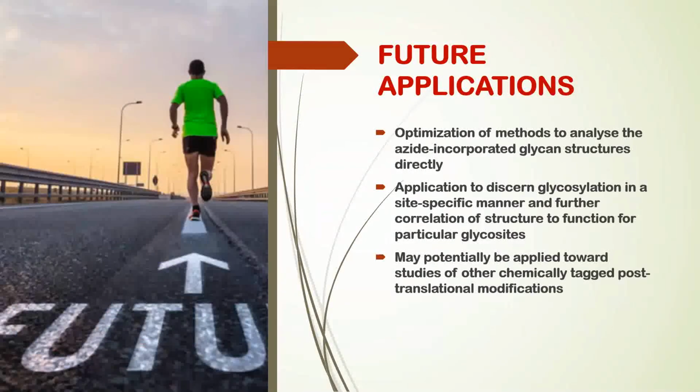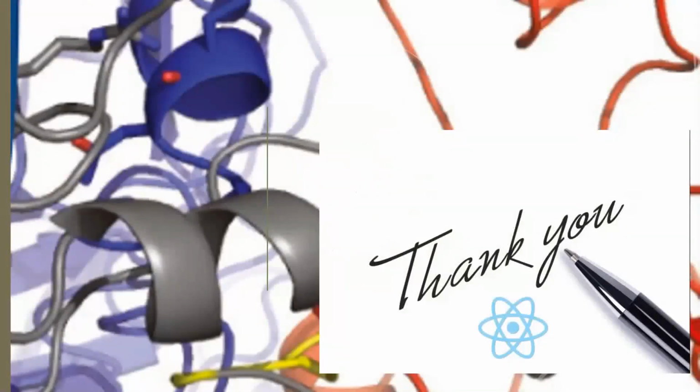For future applications, the methods can be optimized to analyze the azide-incorporated glycan structures directly. It can also be applied to discern glycosylation in a site-specific manner and further correlate structure to function for particular glycosides. It may also be used to study other chemically tagged post-translational modifications. And that's all. Thank you.